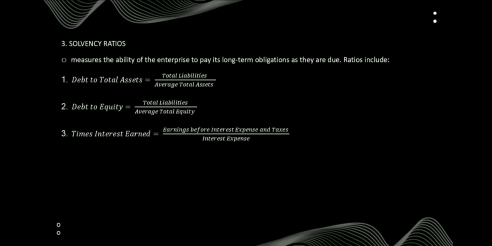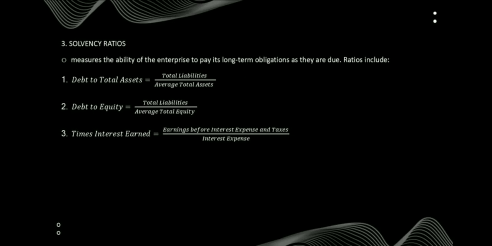Let's use the Brew Daily Cafe as an example. Let's assume that they have a total liabilities of 200,000 pesos, beginning total assets of 400,000 pesos, and ending total assets of 600,000 pesos.